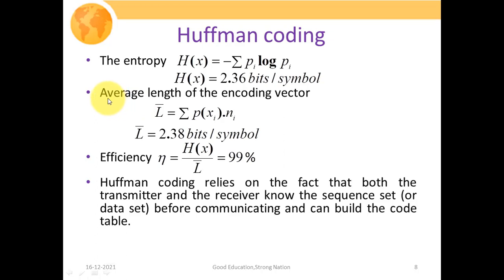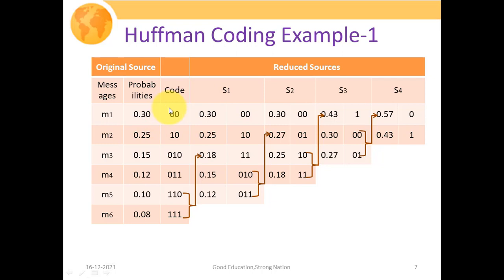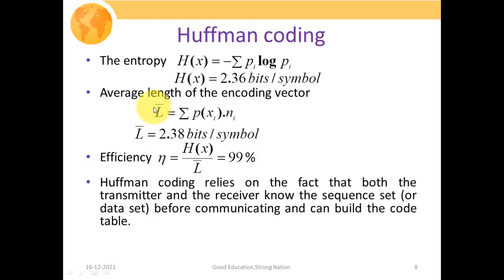And when we are going to obtain the average code length of the encoding vector, I'm talking about these code vectors, when we find the average code vector length L bar, it turns out to be the summation of p(x_i) n_i, where n_i is the number of bits used to encode a particular symbol and p(x_i) is the corresponding probability.